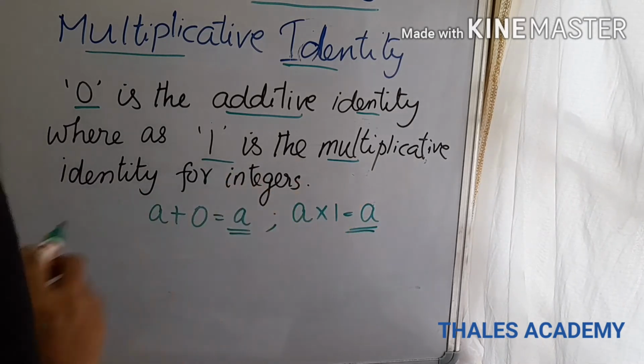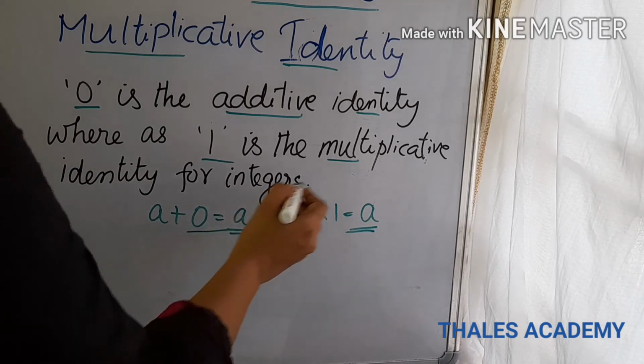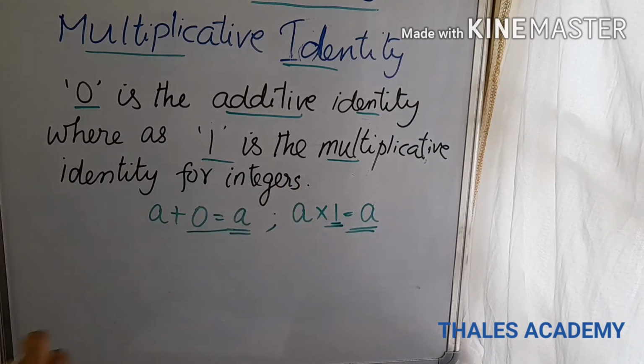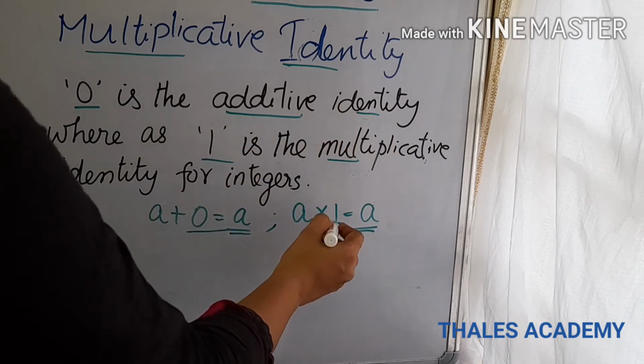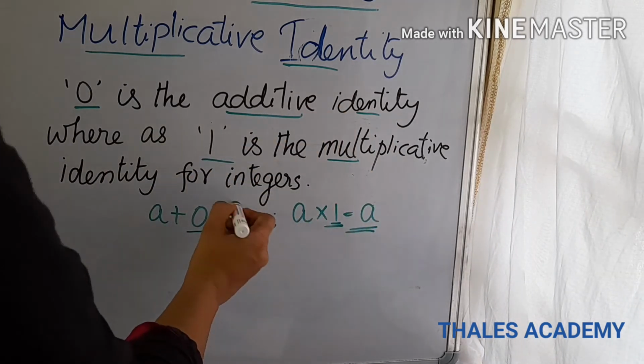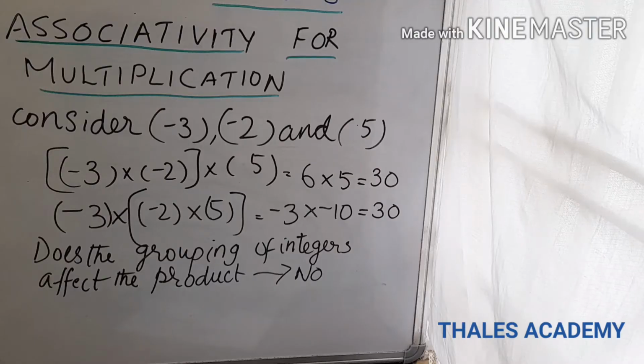This is known as additive identity and multiplicative identity. 0 is the additive identity for integers and 1 is the multiplicative identity for integers. Associativity for multiplication. Consider the integers minus 3, minus 2 and 5.